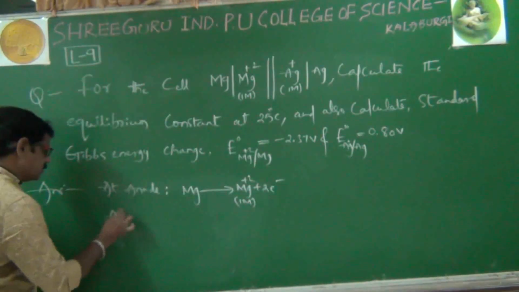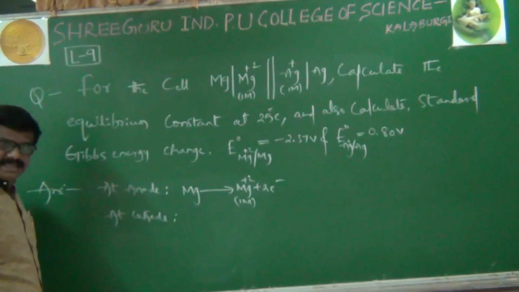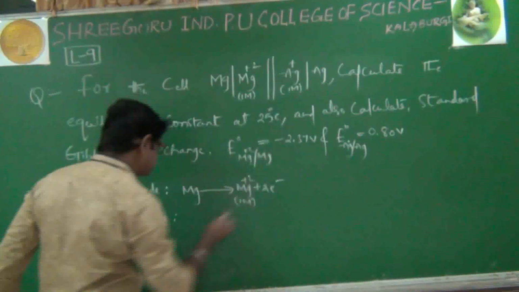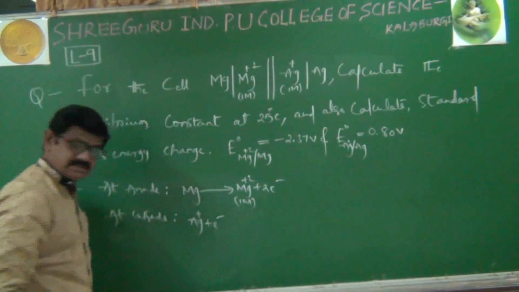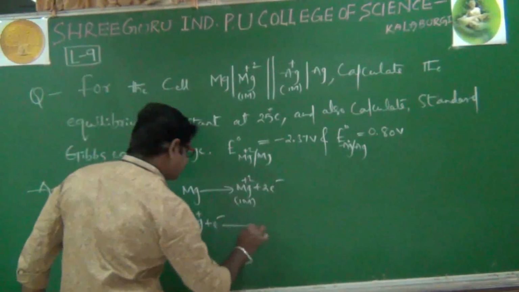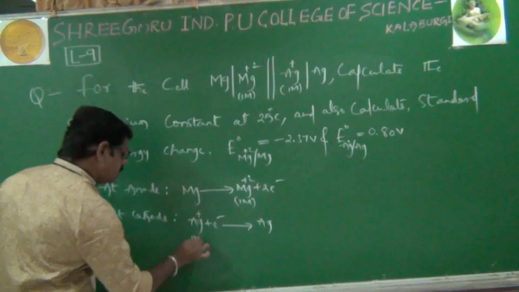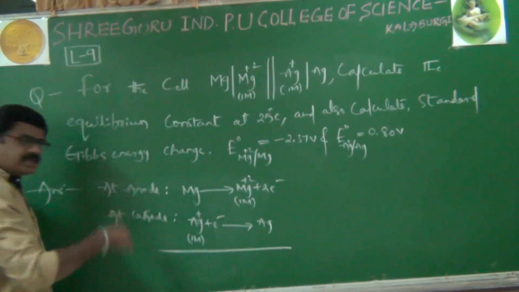Next, at the cathode a reduction takes place. That is Ag plus, by taking an electron, converted to Ag. Ag plus takes only 1 electron because silver valence is 1, and the Ag plus concentration is also 1 molar. Now we have to add both the reactions.